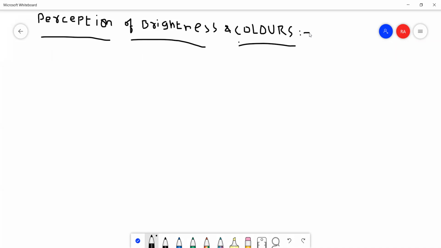So next our discussion starts here. Perception of brightness and colors.